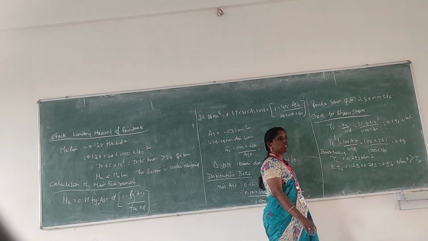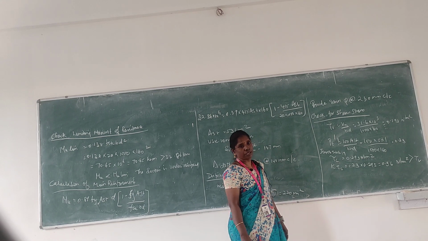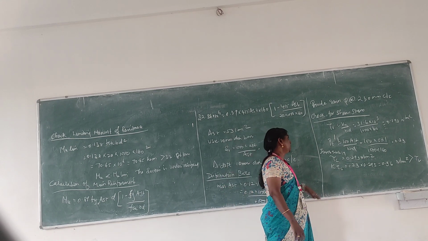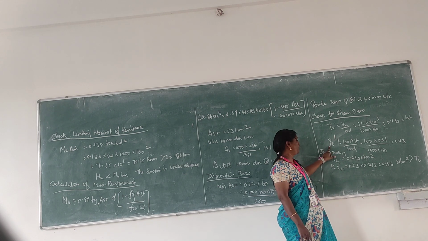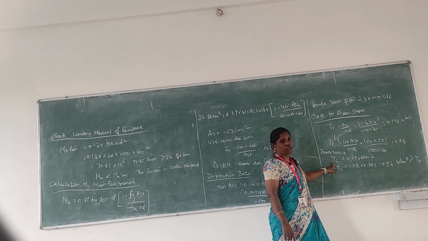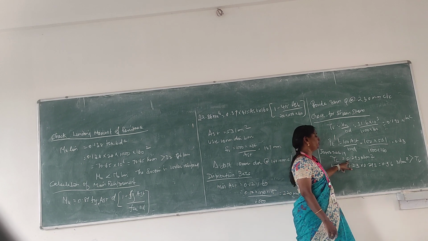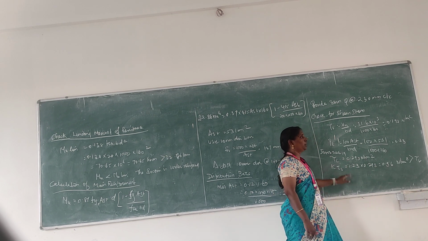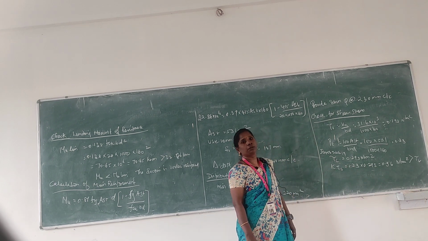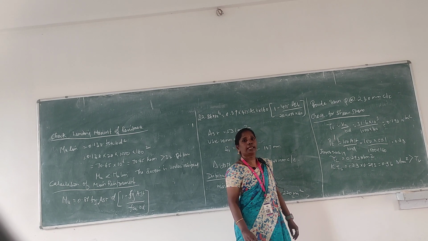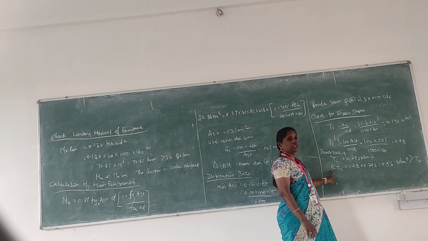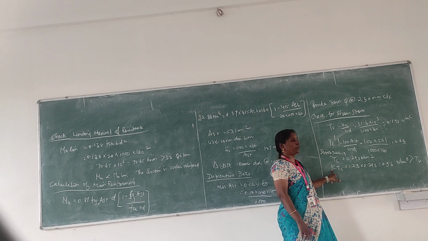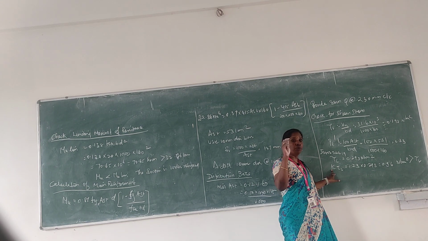Next we go for tau C. As per IS 456 table number 19, we have to calculate the percentage of reinforcement. From the percentage of reinforcement, we have to calculate the tau C value. For the tau C value, we have 0.29. For a solid slab, the permissible shear stress is K tau C. The K value as per IS 456 depends on the overall depth.